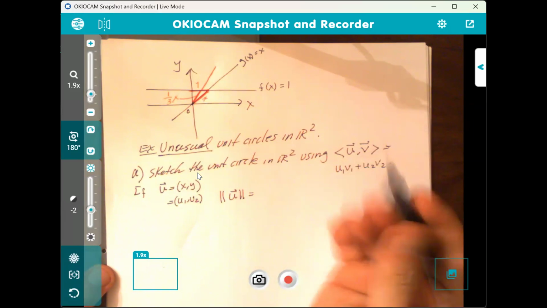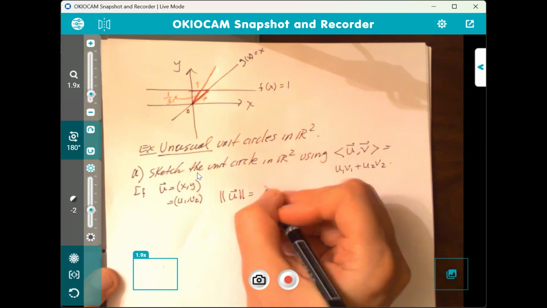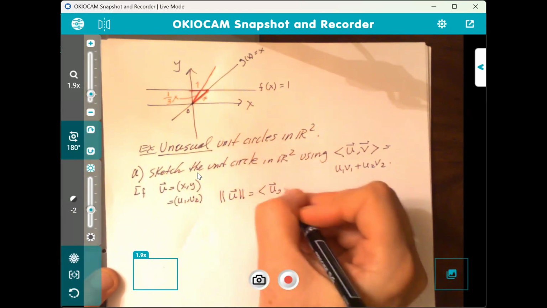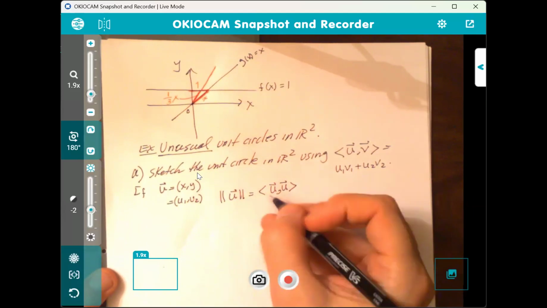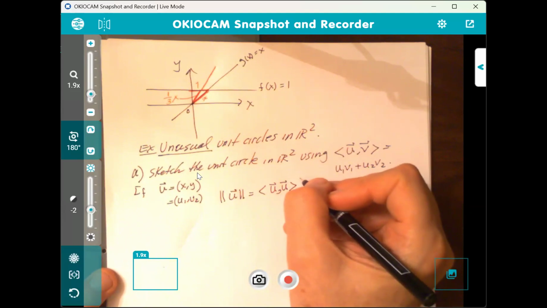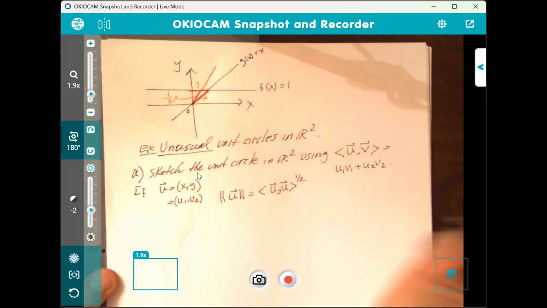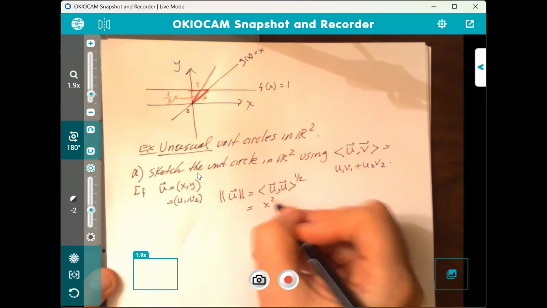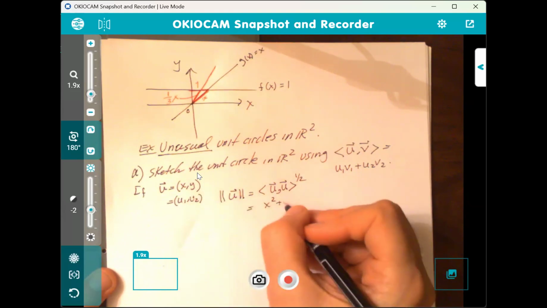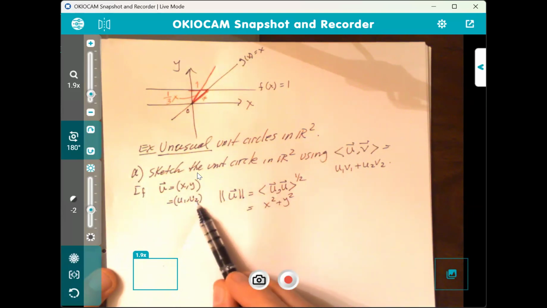Remember, in the previous section, the magnitude of a vector is going to be the dot product, which we now use the fancy notation of inner product. It's the dot product of a vector with itself, to the 1/2. And that means you square the first component, you square the second component, because that's what the magnitude of the vector is.